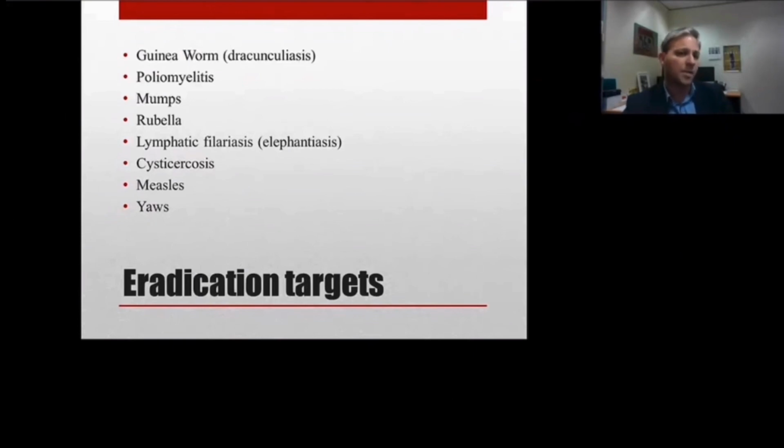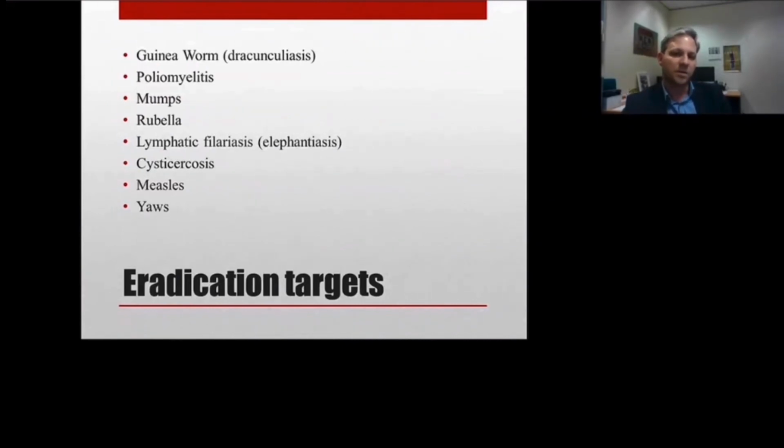Rubella, on the other hand, has been eradicated from the Americas, North and South America, or the PAHO region as WHO define it, and all through immunisation and obviously case finding. So rubella is a genuine eradication target, as is lymphatic filariasis, which is maybe more commonly known as elephantiasis.